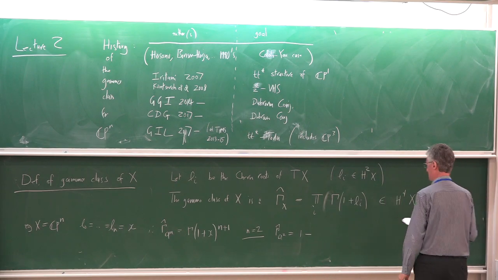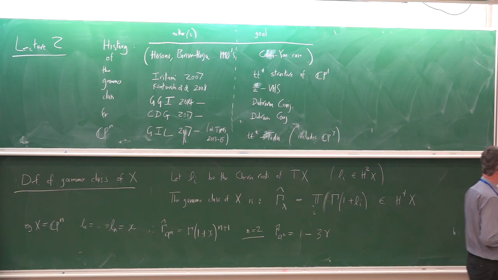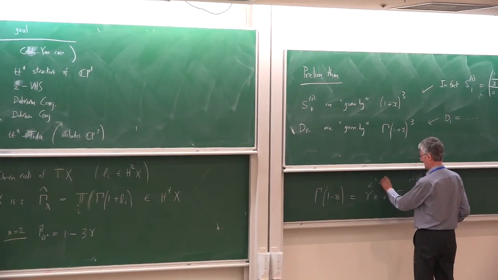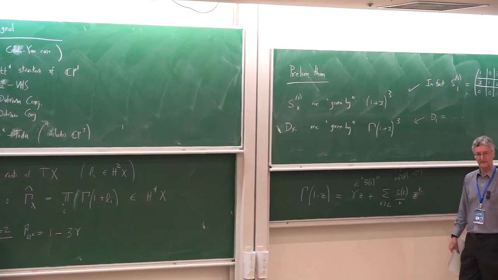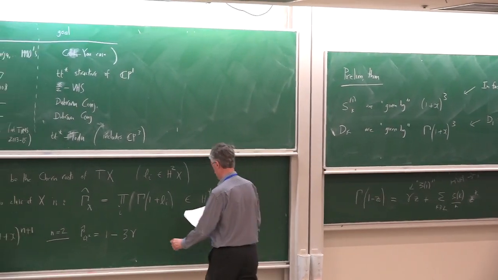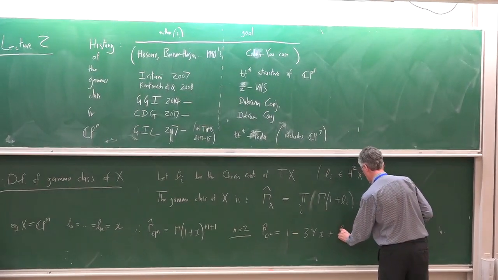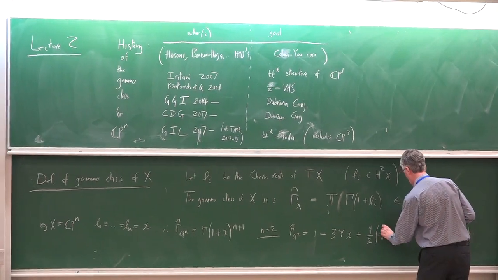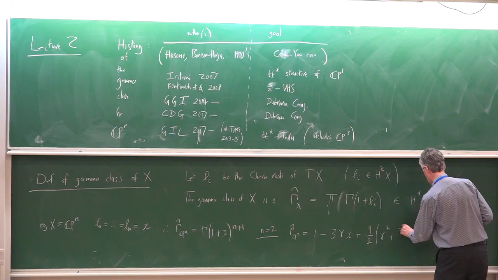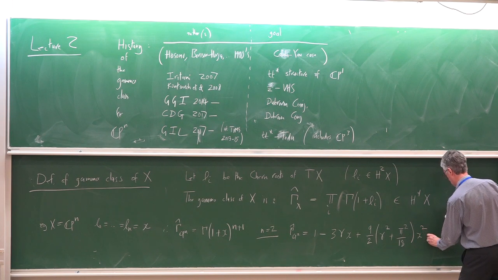So you get minus 3 gamma, where gamma is the Euler constant, which is zeta 1, the Riemann zeta function of 1. So minus 3 gamma x plus 9 over 2 gamma squared plus pi squared over 18 x squared.